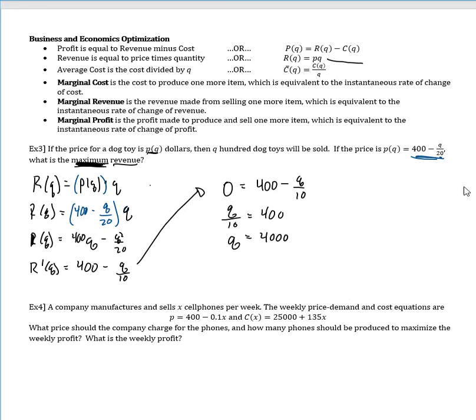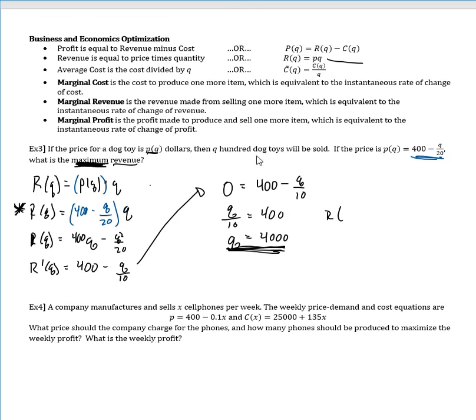Okay, so did we answer it? They said if the price is this, what is the maximum revenue? So Q is 4,000, a little strange, but we'll just use our 4,000. Now we can plug it back into our revenue equation.